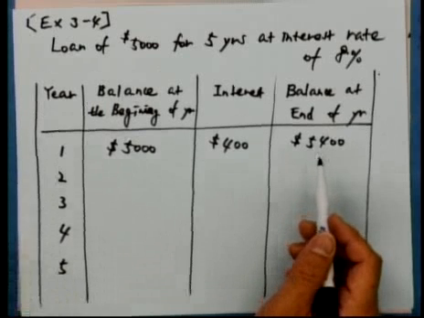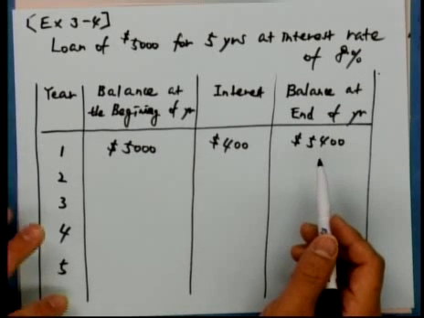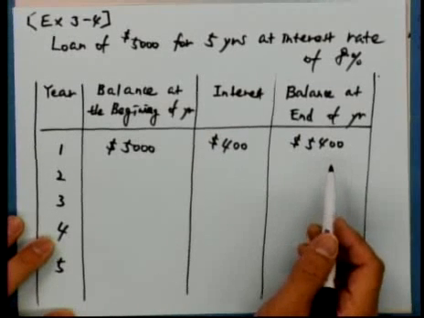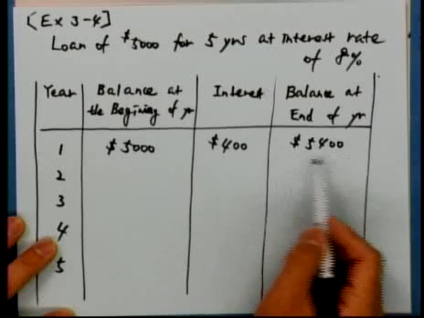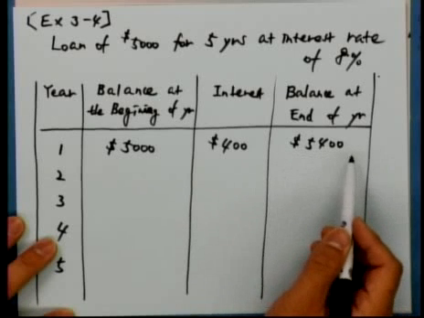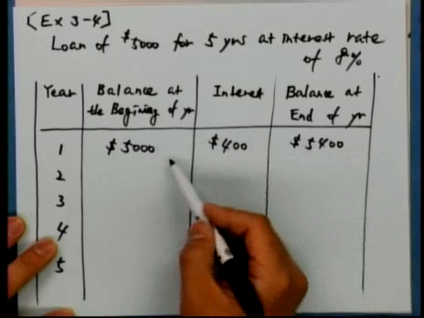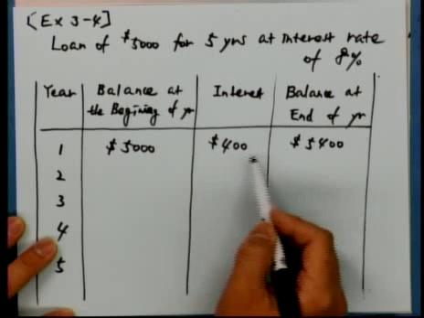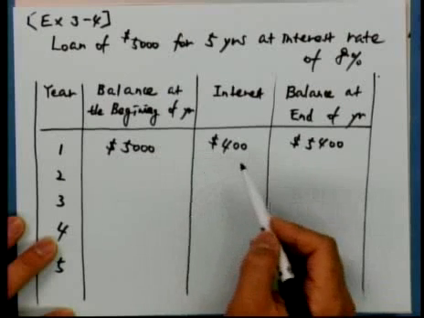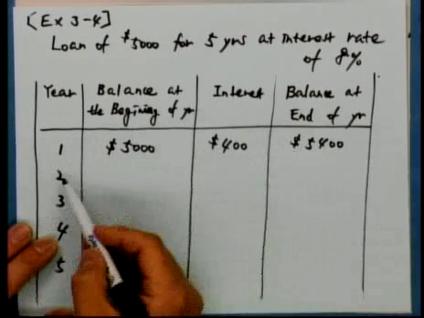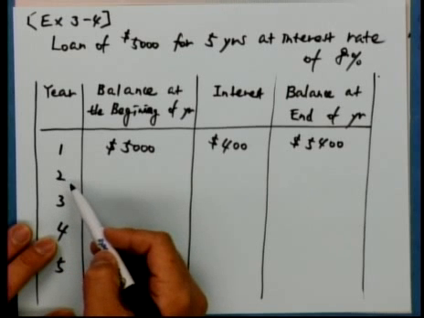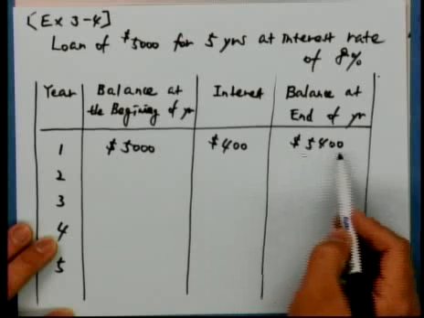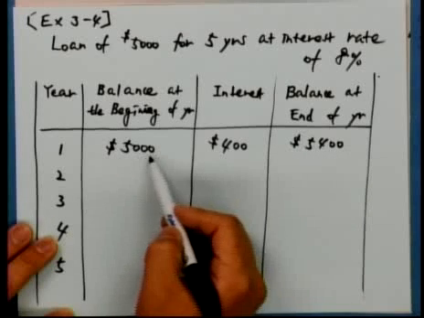Now, here's the tricky part. The compound interest is interest which is computed on the current balance, currently unpaid balance. That includes the principal and any unpaid interest from the preceding period. So in the second year, the interest is calculated on this amount, 5,400, not based on 5,000.